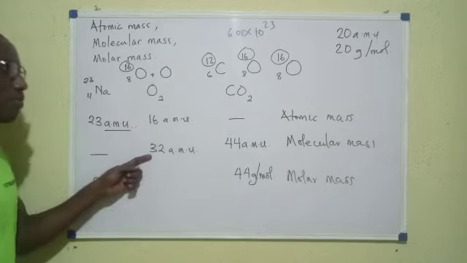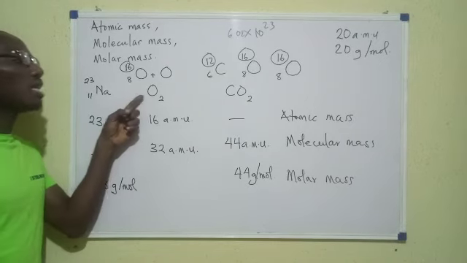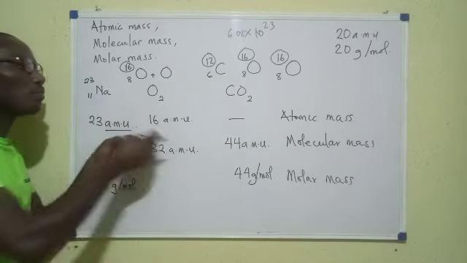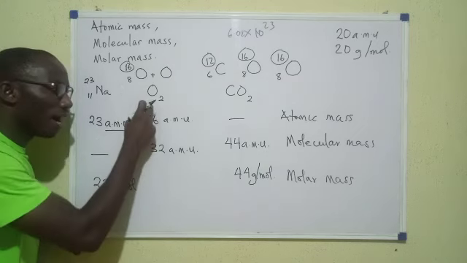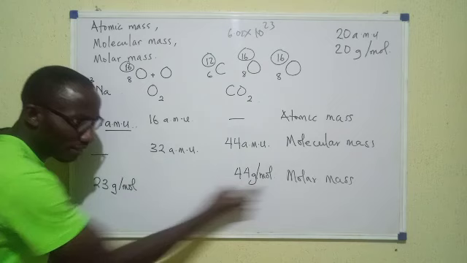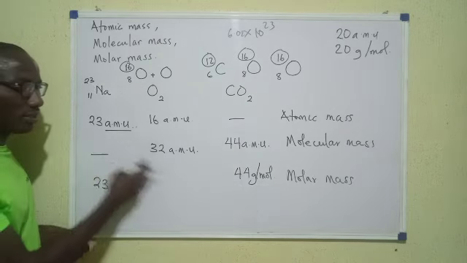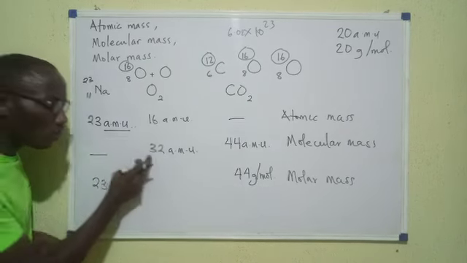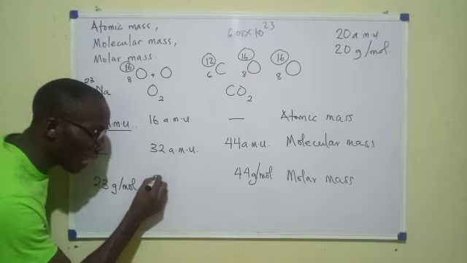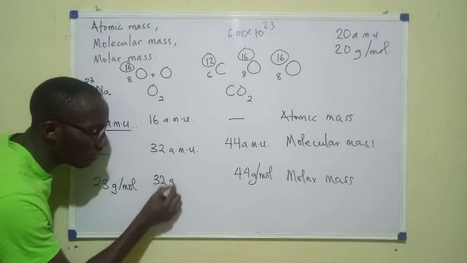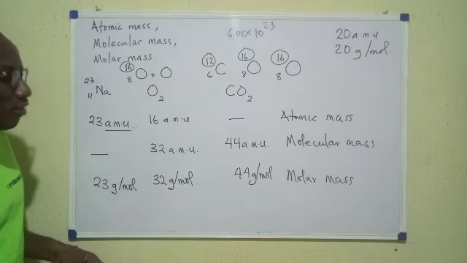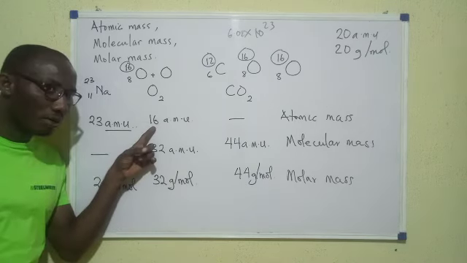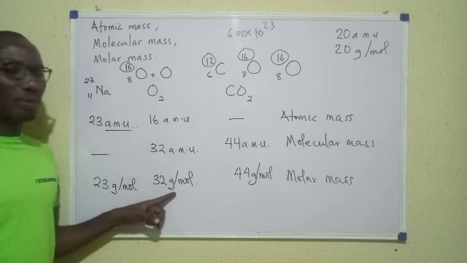Alright? So the 32 AMU is the molecular mass. Now for an element like oxygen that has both atomic mass and molecular mass, which of them are we going to use to get the molar mass? It is the molecular mass. Alright? So this molecular mass, which is 32, I'm going to repeat it, but the unit becomes gram per mole. So the molar mass of oxygen is not 16, but 32 grams per mole.